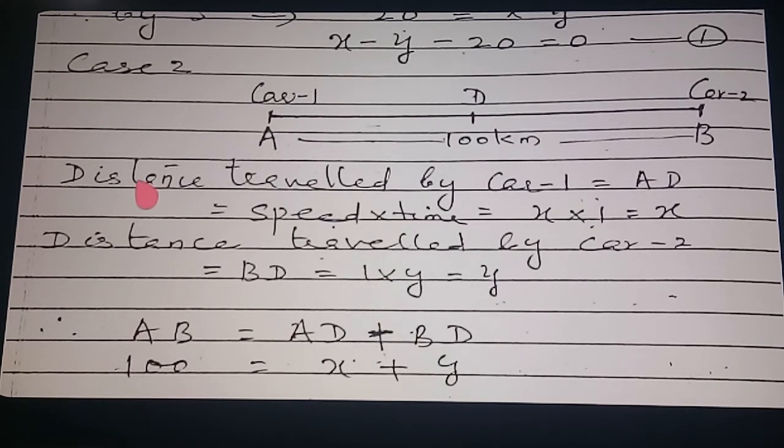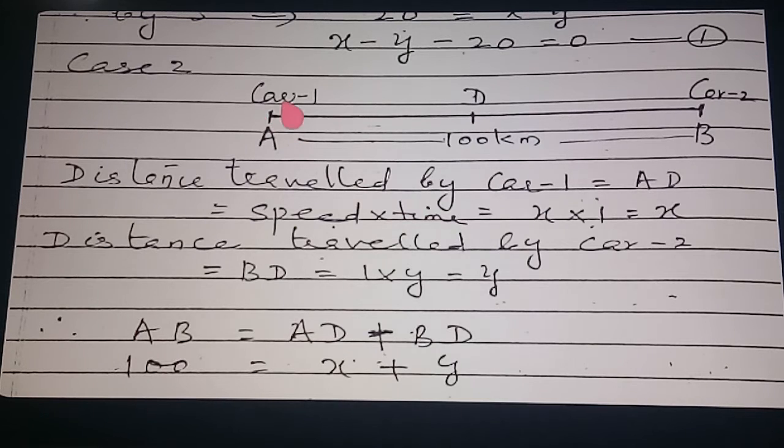So first of all, you can see the distance travelled by car 1. What is given? AD, A to D. The speed is x, already you know. Time taken, you know, 1. So speed into time taken, that means you get x. Distance travelled by car 2, BD, what will come? 1 into y, that means y.